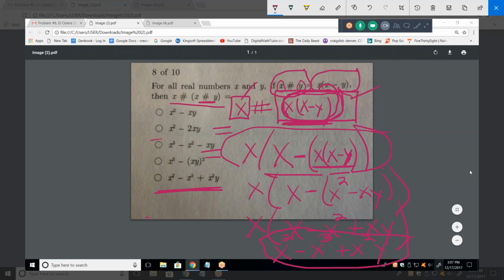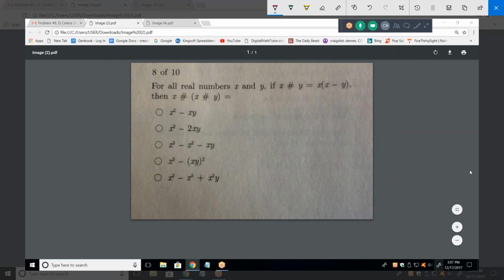Normally, I would say these are easy problems because there's never really any difference in any of them. They can use whatever symbol they want. They can use a picture of an elephant instead of the pound sign. The whole thing to remember is that whatever is on the left side of that pound sign is substituted for x, whatever's on the right side is substituted for y.